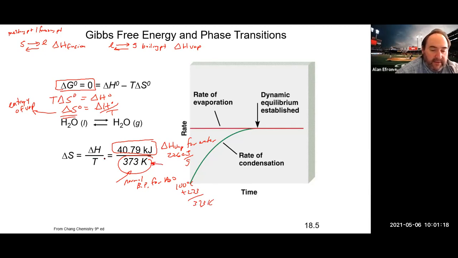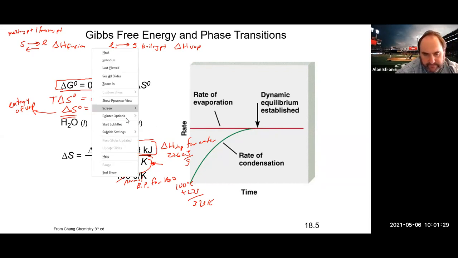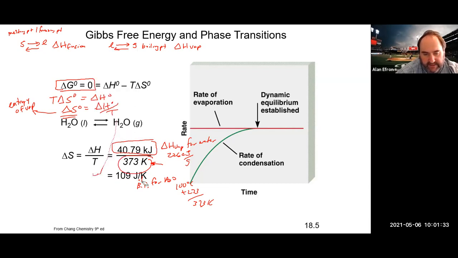So again, we could use this equation here, and we will get this number here that I scribbled on. So let me erase some of that there, of 109 joules per Kelvin in this case. Get rid of some of that so we can actually see the number there.